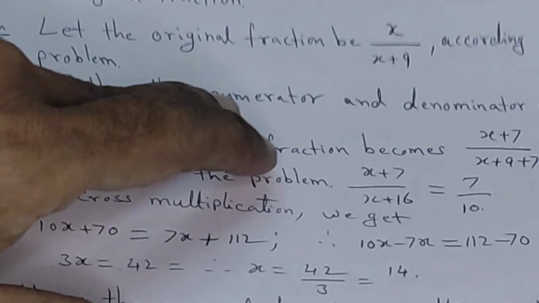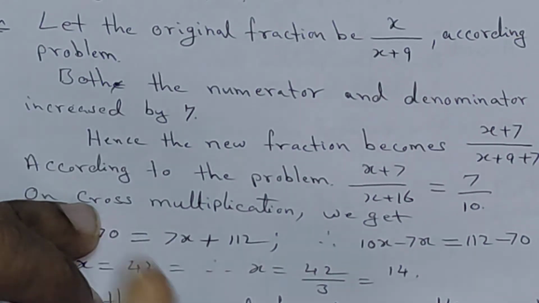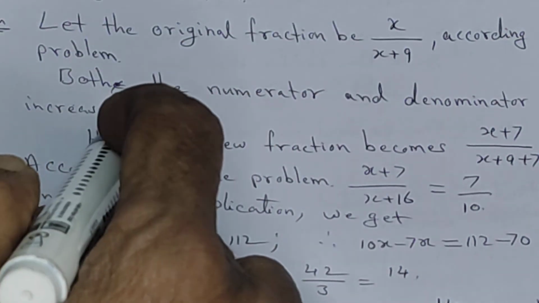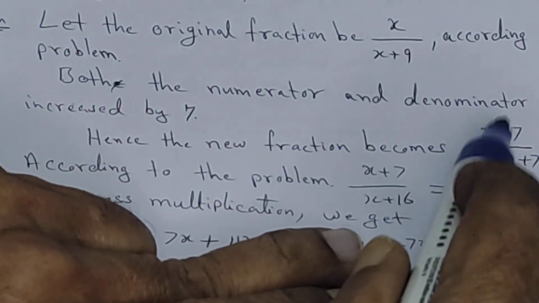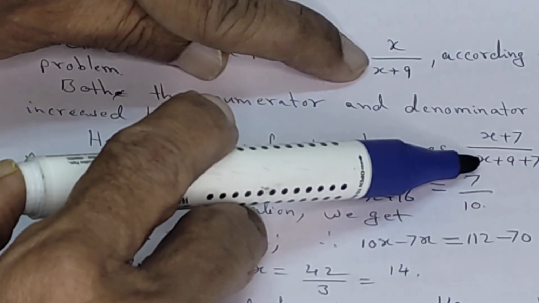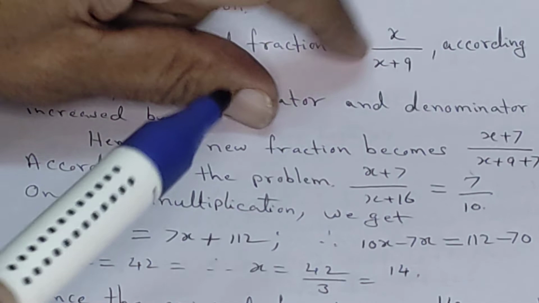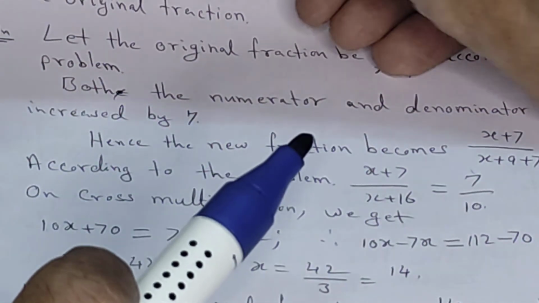Now both the numerator and denominator are increased by 7. Hence the new fraction after you increase becomes x plus 7, because the numerator is x, so x plus 7 by x plus 9 plus 7. That would give me x plus 7 by x plus 16.